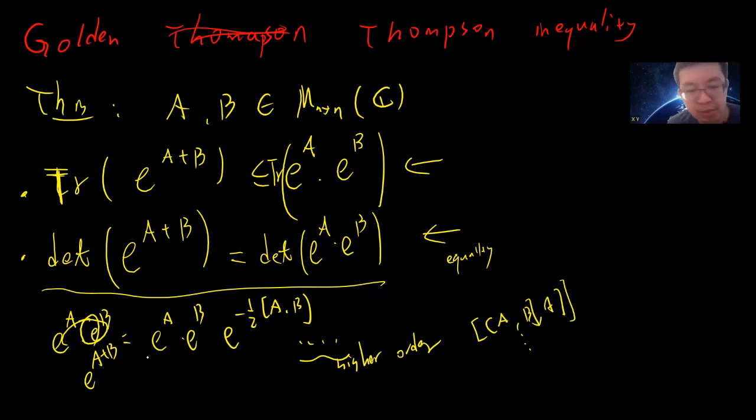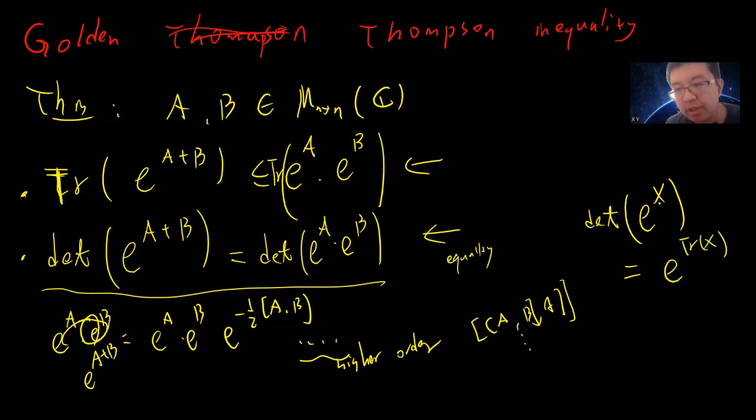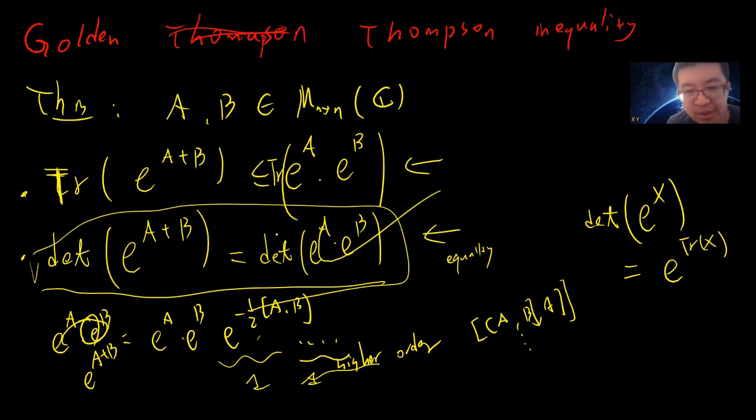Once you take determinants, this can split, since the determinant is a homomorphism. And the determinant of the exponential of X is the same as the exponential of the trace of X. If X is a commutator, then the trace will be 0, so this will just be 1, and all the higher terms will be 1. So you can easily prove this. This one is very simple.